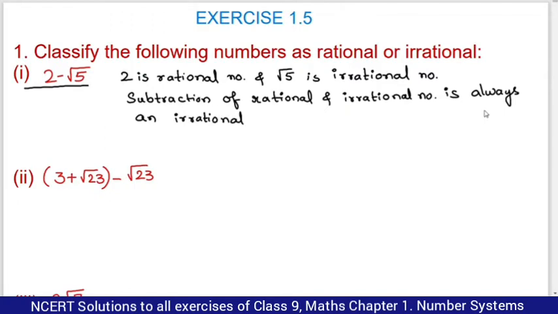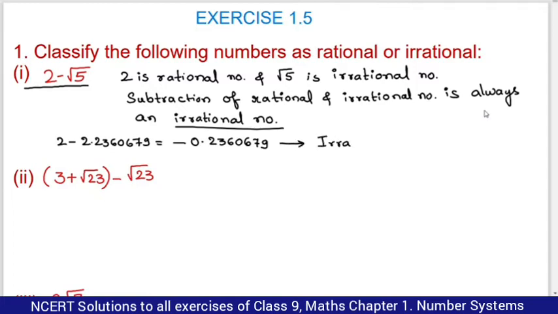Or we can make subtraction also. 2 minus this root 5 is minus 0.2360679, which is an irrational number.